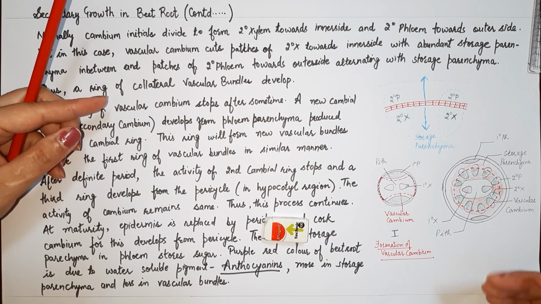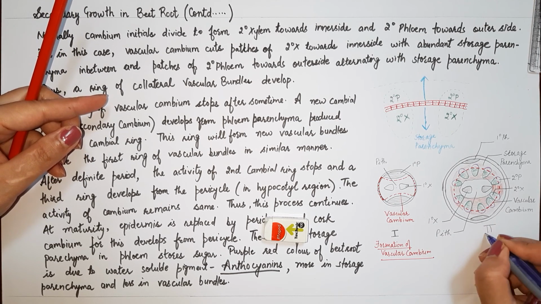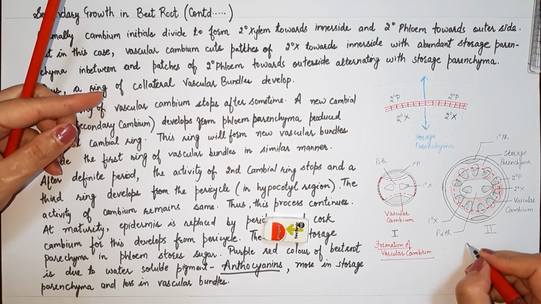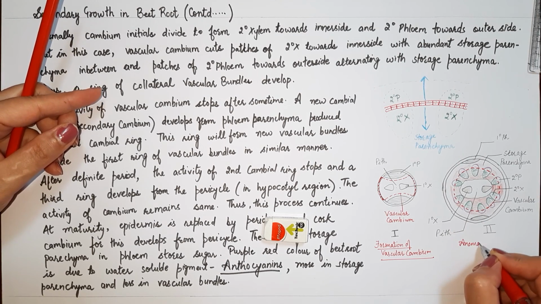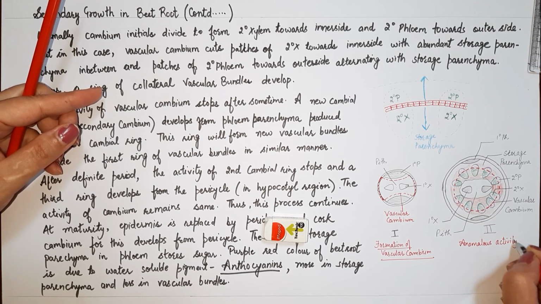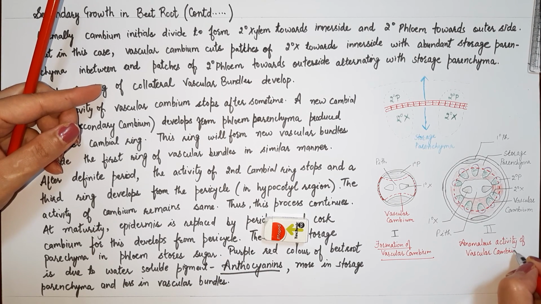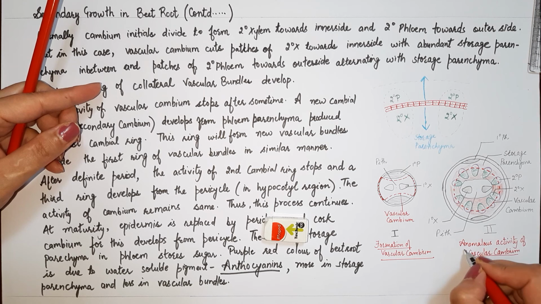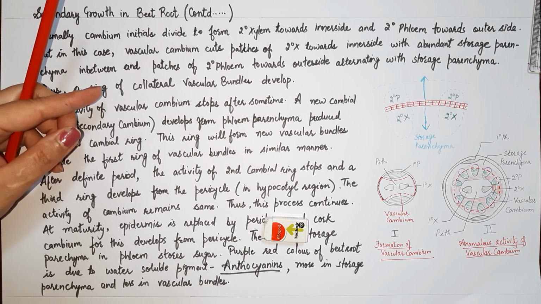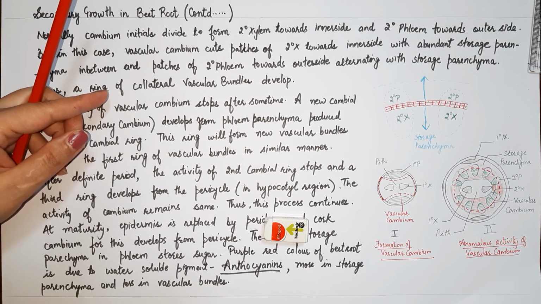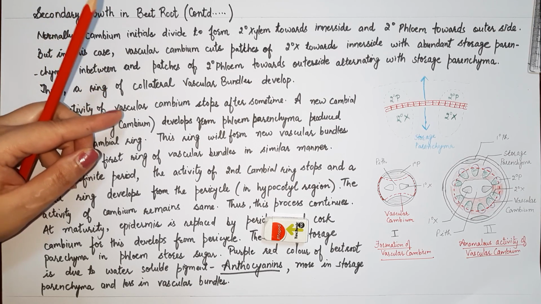This is the second step, the anomalous activity of vascular cambium. So, what is anomalous about this? The formation of storage parenchyma in between the discrete secondary vascular tissue, that is secondary xylem and secondary phloem.